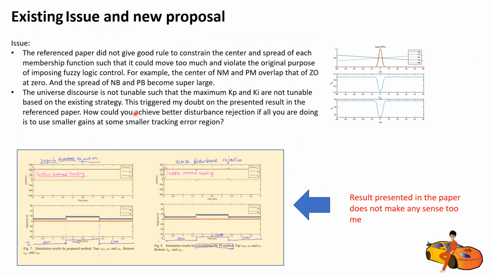And then I think this is the existing issue observed. The referenced paper did not give a good rule to constrain the center and spread of each membership function, such that they could move too much and violate the original purpose of imposing the fuzzy logic control.